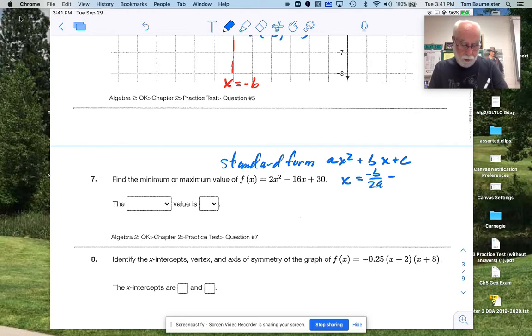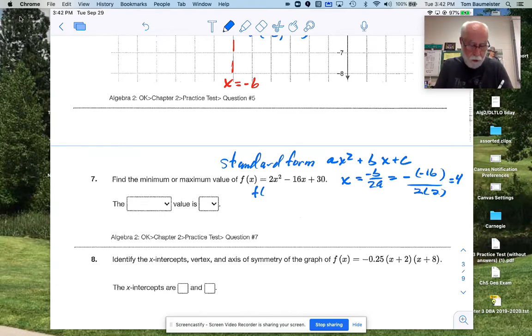When I do that, I take the sign, so I have the negative there. B has a -16, so I have -(-16) over 2 times 2, which equals 16 divided by 4, which equals 4.